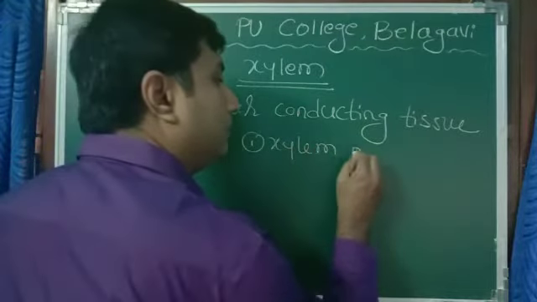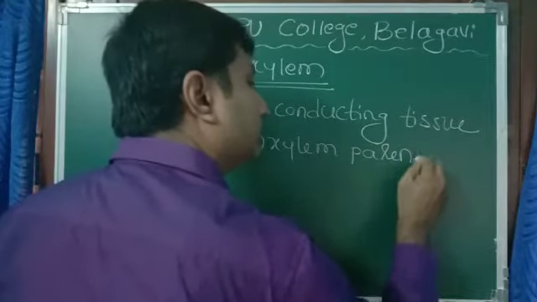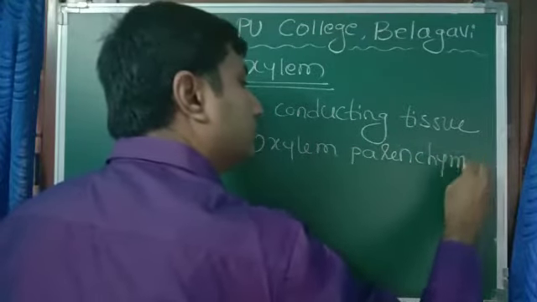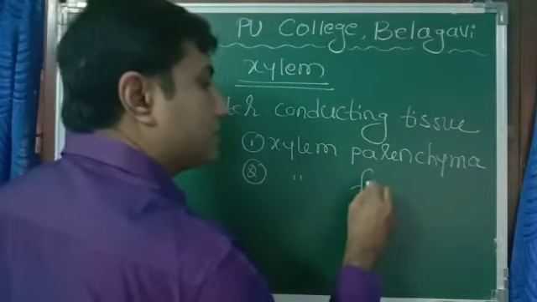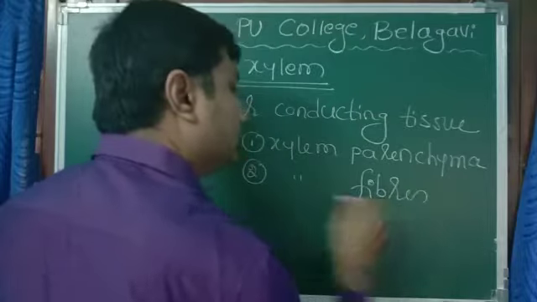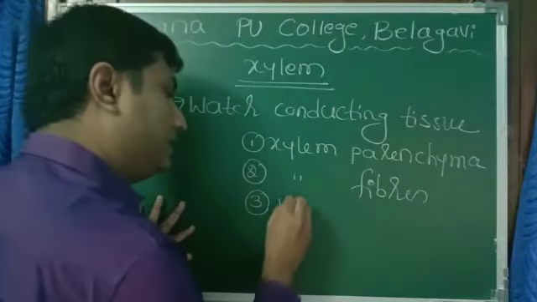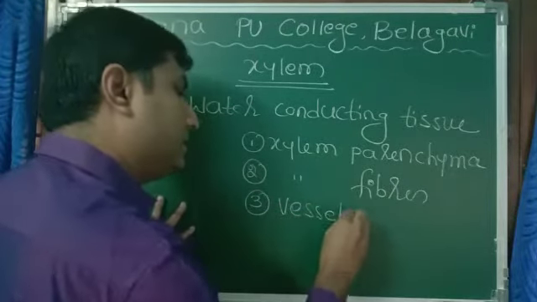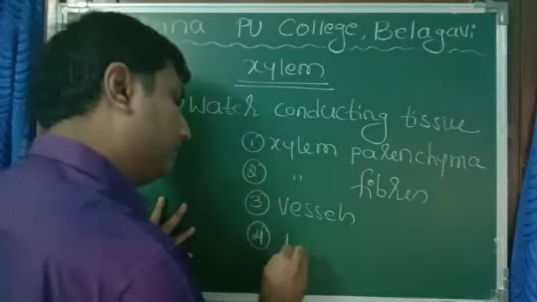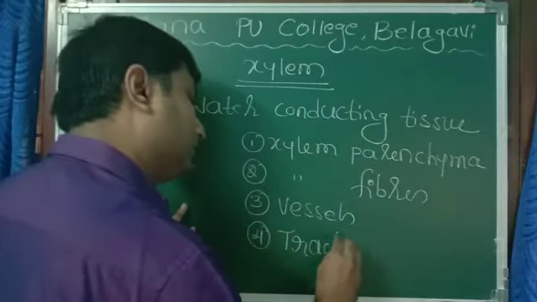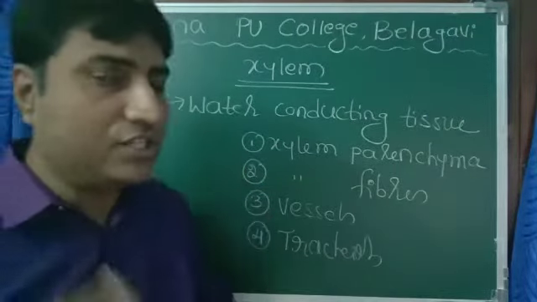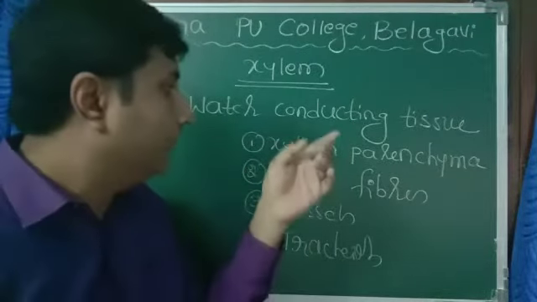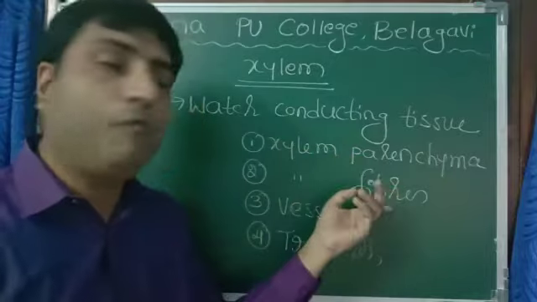Xylem parenchyma, xylem fibers, xylem vessels and tracheids. Tracheids and vessels are the tube-like structures arranged one above the other, whereas parenchyma we know, fibers we know.